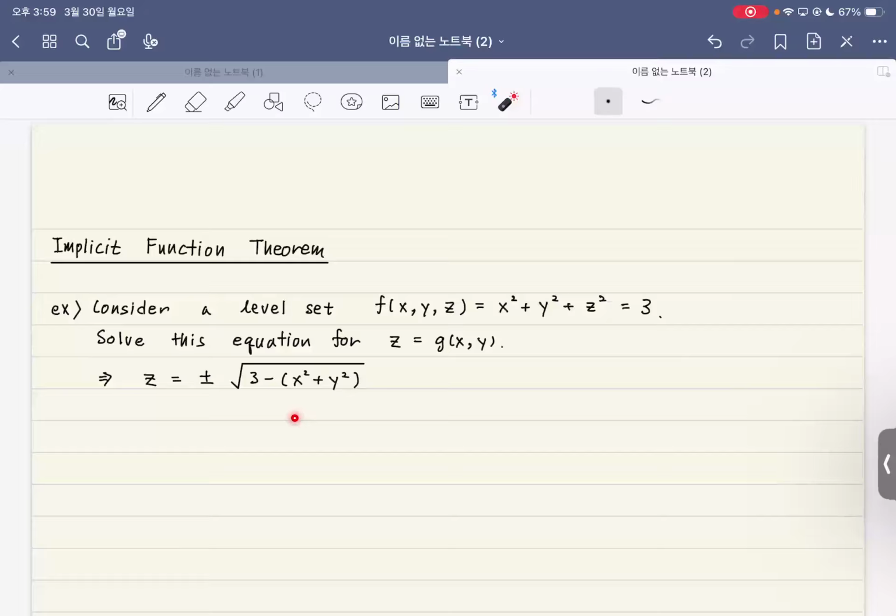However, in this case, even if you plug in some numbers x and y, because of the sign ambiguity this number is not well defined. So this is not very satisfactory in our scenario. In order to avoid such a sign ambiguity, we actually need to specify a point. Around that point, if the function g of x, y is well defined, then we can say we are able to solve this equation for the letter z.